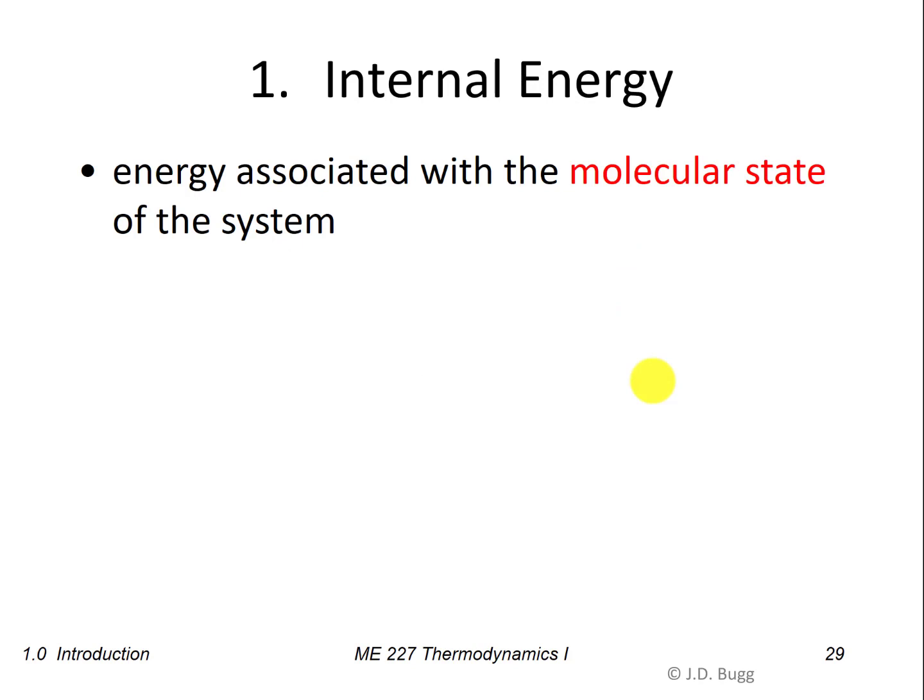So first of all, internal energy. So this is energy associated with the molecular state of the system. So if we look at any working substance and we look at what's actually happening to the molecules, internal energy is energy stored in some way by those molecules themselves. So the little illustration that we're going to use here, we'll use a diatomic molecule.